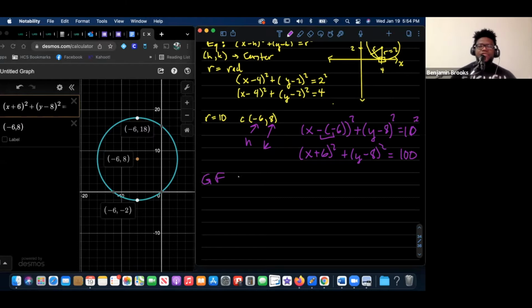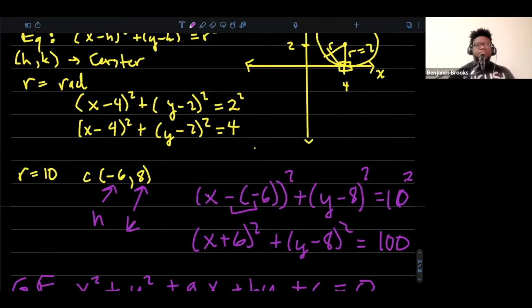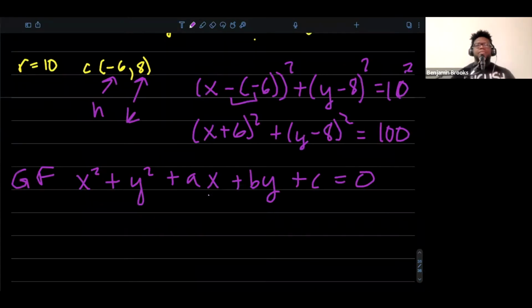The general form is x squared plus y squared plus Ax plus By plus C is equal to 0. This is the general form of an equation right here.